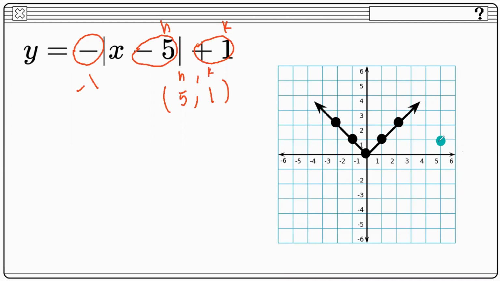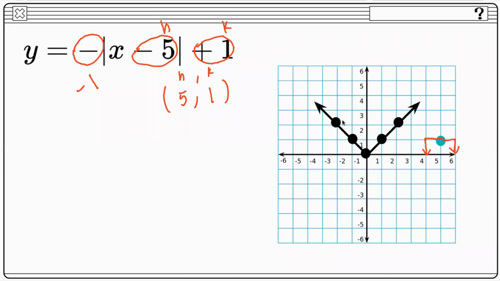So let's say that you're going 1 unit to the left. Since it is negative 1, you know that you're going to go down 1 unit. And so you want to multiply your general pattern by negative 1. So if you go 1 unit to the left, rather than going up 1 unit, you want to go down 1 unit. And same for if you go 1 unit to the right.